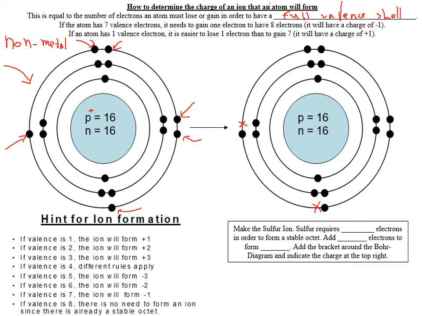So now this is a sulfur that has gained 2 electrons. To show that it gained 2 electrons, we need to draw these square brackets around it and indicate its new charge. Since it gained 2 electrons, it's going to have a charge of -2.